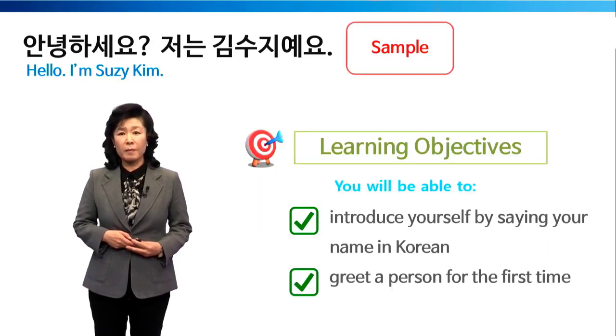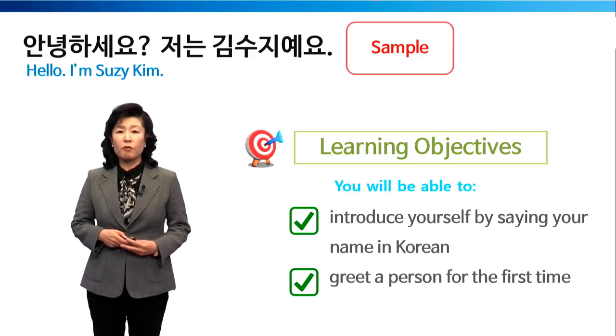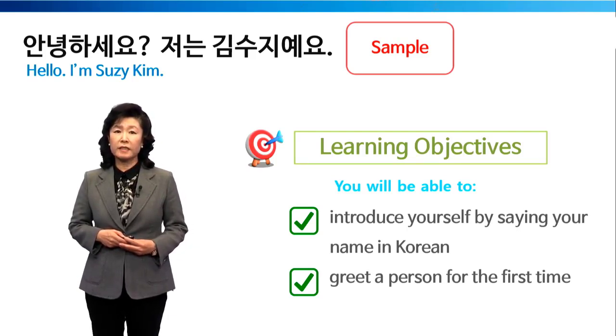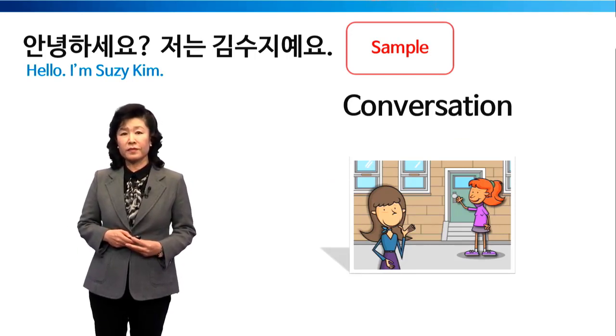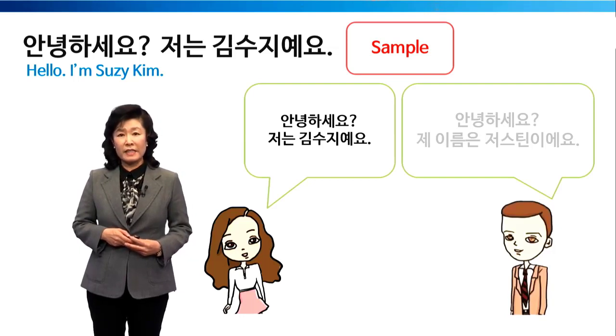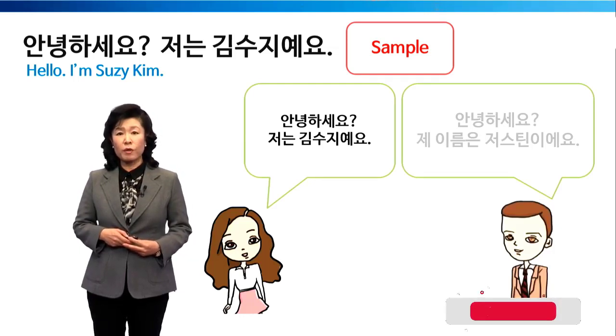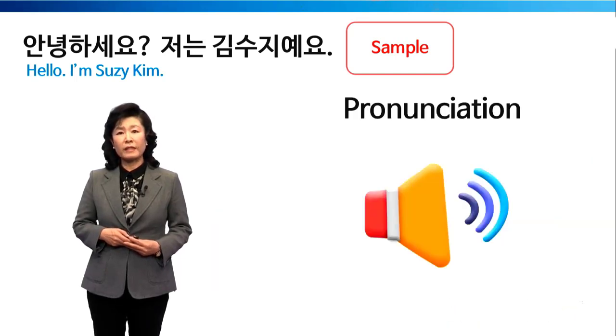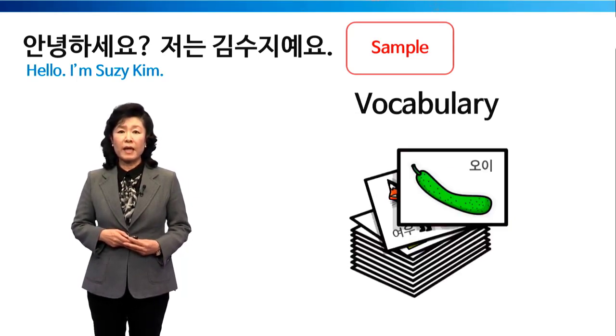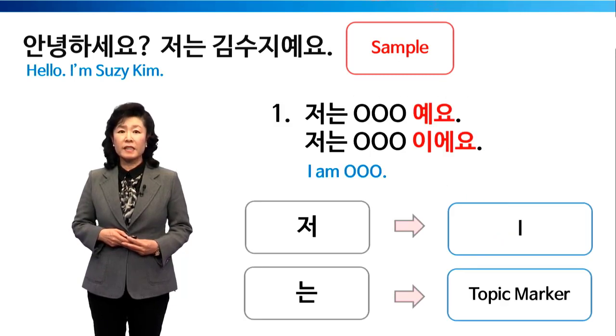Let me explain the composition of the units. We provide the learning objectives of the according unit and listen to a conversation. After listening to the conversation, we repeat what was said. We then practice pronunciations of keywords in the conversation. We will explain the words and sentence structures in the conversation.